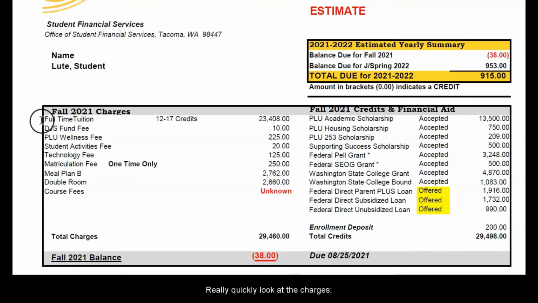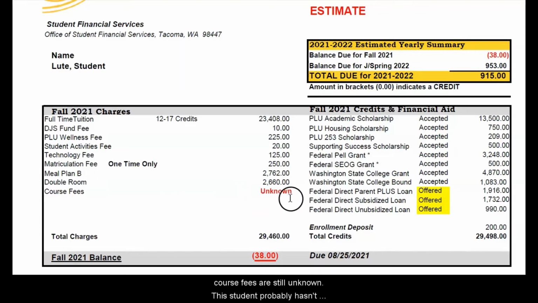So really quickly, looking at the charges, these are the charges only associated with the fall semester. So tuition and fees, and this student is living on campus. So they have a meal plan and they have housing charges. Course fees are still unknown.